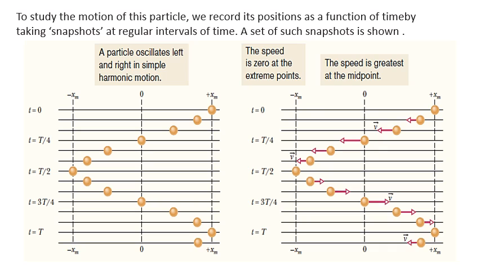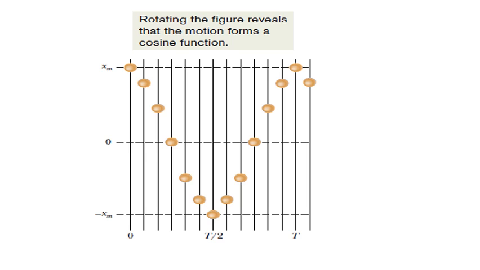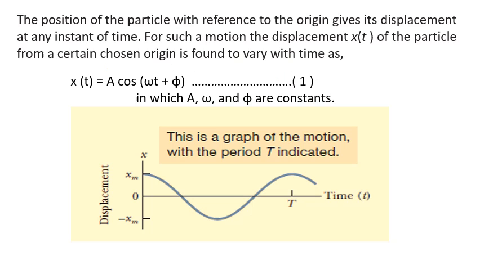If the time t is chosen to be zero when the particle is at plus a, then the particle returns to plus a at t equals capital T, where T is the period of motion. The motion is then repeated. Rotating the figure reveals that the motion forms a cosine function as shown.